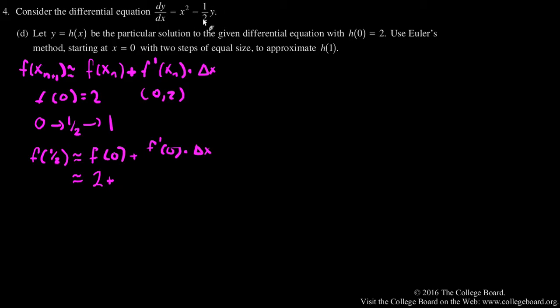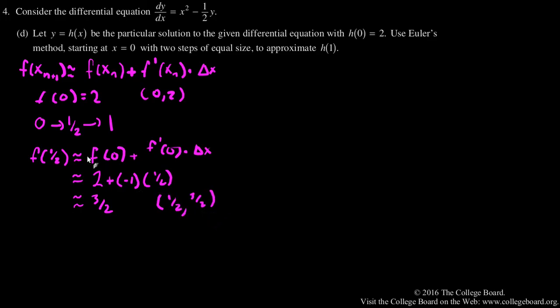Negative 1/2 times 2 is negative 1. And delta x, each step is 1/2. So I multiply that by 1/2. And this gives me 2 minus 1/2, which is going to be 3/2. So I'm at this point (1/2, 3/2) approximately.